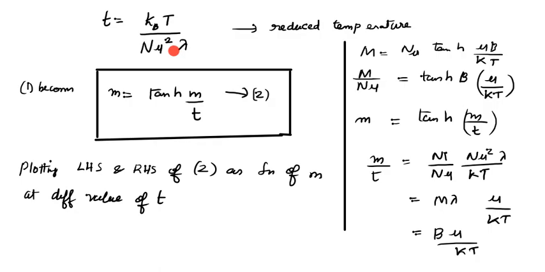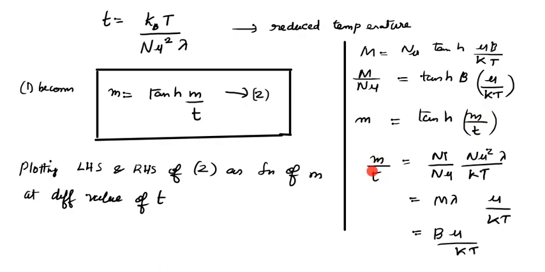Now we can use the above equation of magnetization, that is M equal to N mu tanh(mu B by kT), and taking N mu to the left hand side we get M by N mu, which is reduced magnetization, and the term inside the bracket we can replace by m by t.